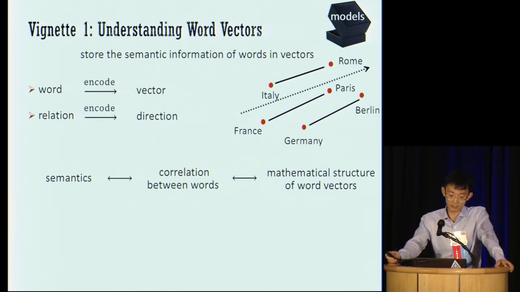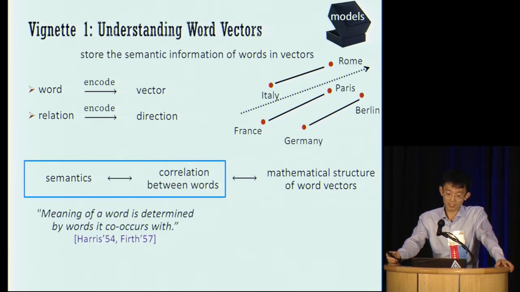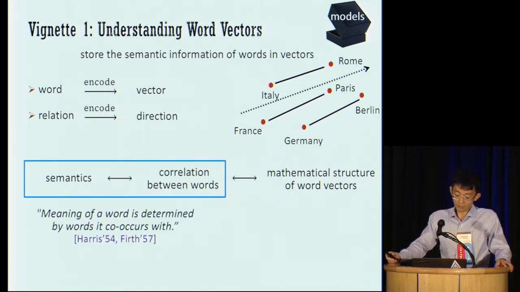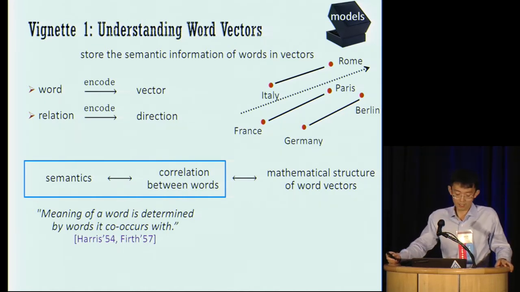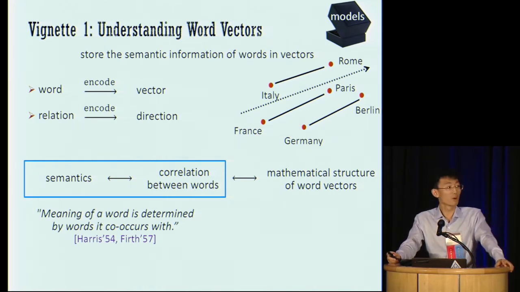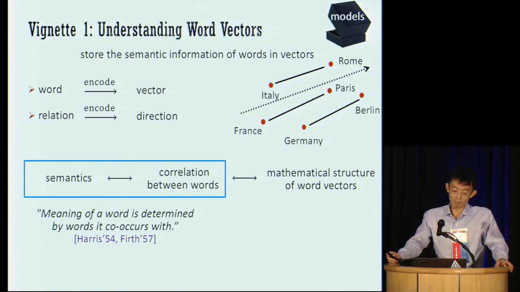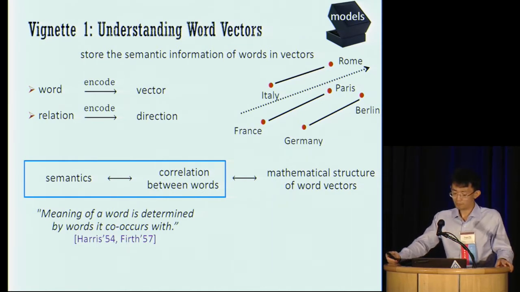And actually, the first connection here between semantics and correlations is an old theory in linguistics, proposed by Harris and Firth around 60 years ago, which is called the distributional hypothesis. It says that the meaning of a word is determined by the words it co-occurs with.